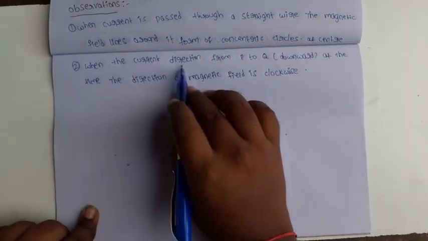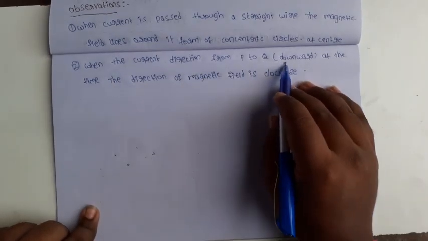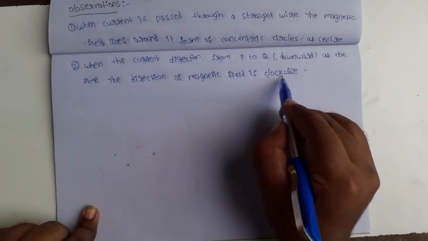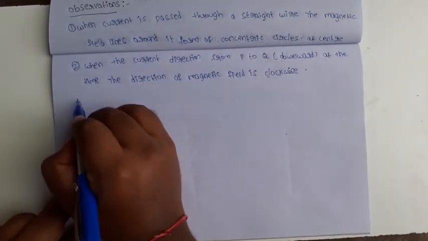Second point, when the current direction is P to Q, meaning downward, what is the direction of the magnetic field? The magnetic field is in the clockwise direction.